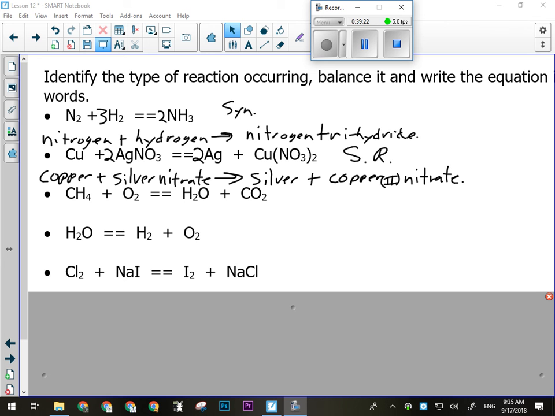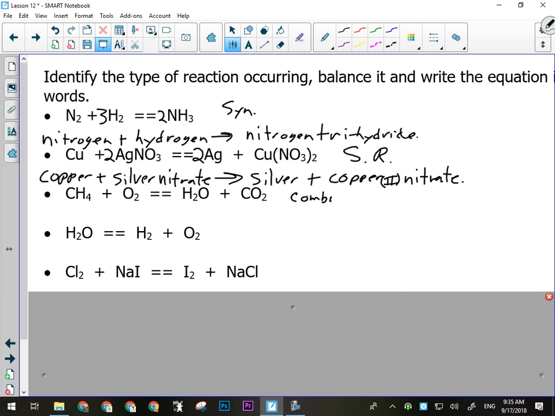So what kind of reaction is the third one? It's a combustion reaction, right? We have carbon and hydrogen reacting with oxygen to produce water and carbon dioxide. So we'll just write beside that it's combustion, and then we'll write it out. So this would be carbon tetrahydride.